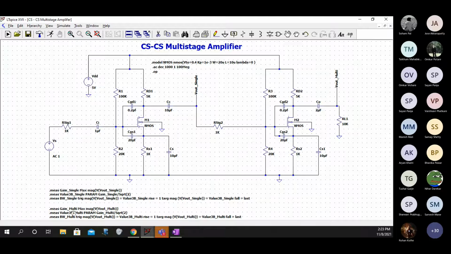Now I want to measure the gain of the first stage, so I wrote gain underscore single, because here I have written Vout underscore single, that is single stage, and here I have written Vout underscore multi, that is nothing but multi-stage.